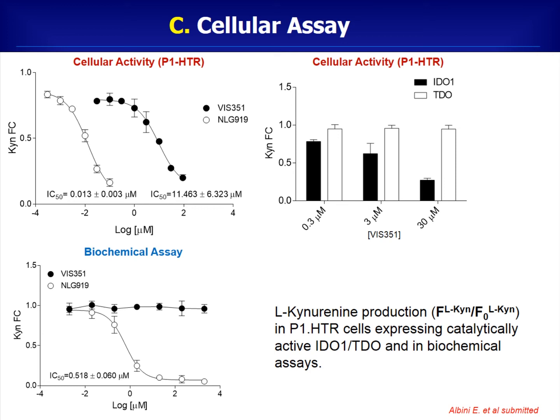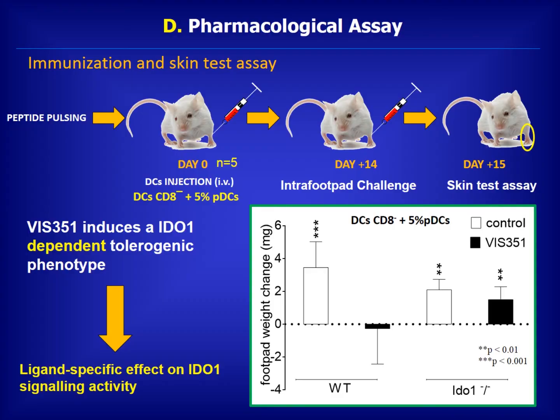Another interesting observation was that when we tested this molecule in a biochemical assay, in the case of NLG919, we were still able to detect an inhibition of the enzymatic activity, whereas our new molecule, this 351, was completely inactive. So we then tested the molecule in the immunization and skin test assay.